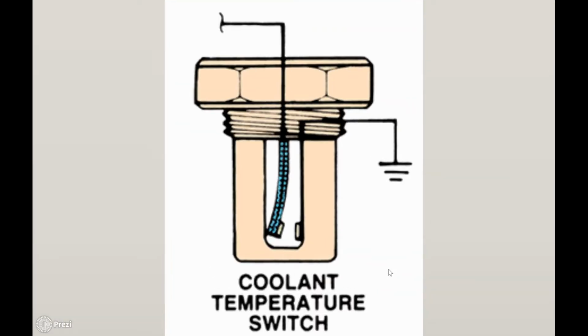Coolant temperature switch. Remember I talked about resistance, and the resistance changes when the heat changes. In this switch, there's two little strips here. This is called a bimetallic switch. And when those two little strips, which are made of different things, expand and contract, then this whole tab here bends.